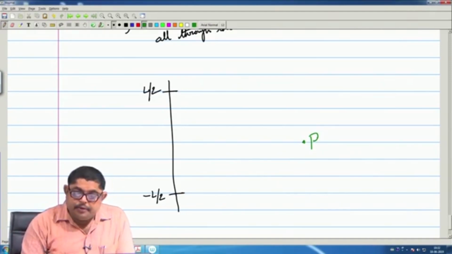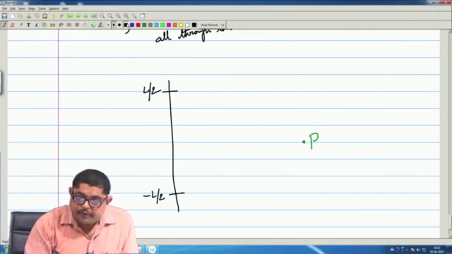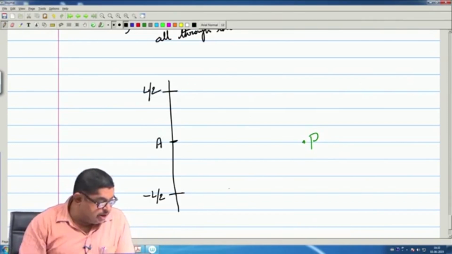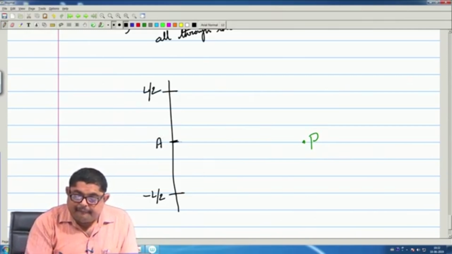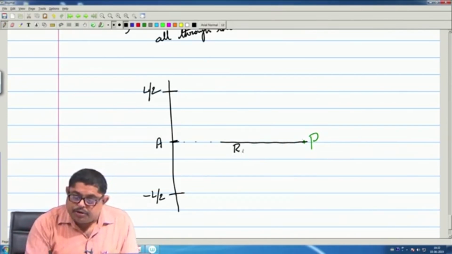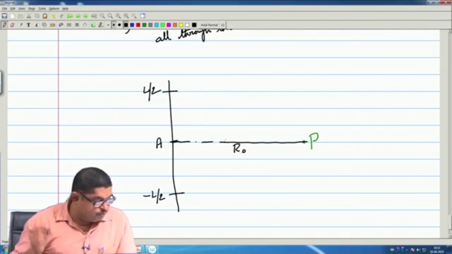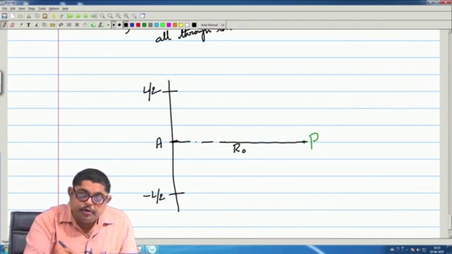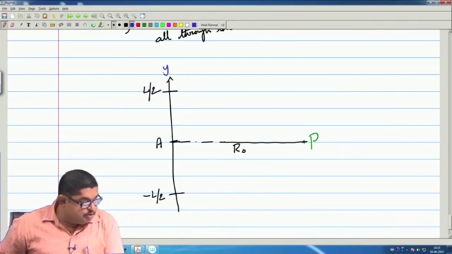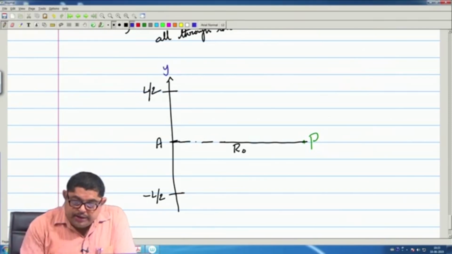Okay. This is my center point A. This is my R naught, and this is our y axis.